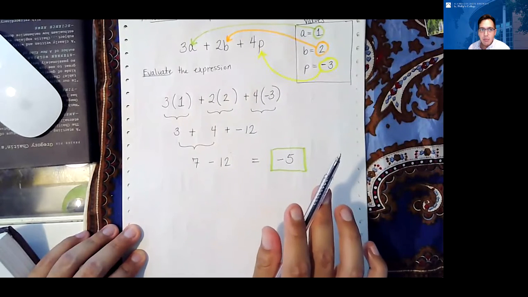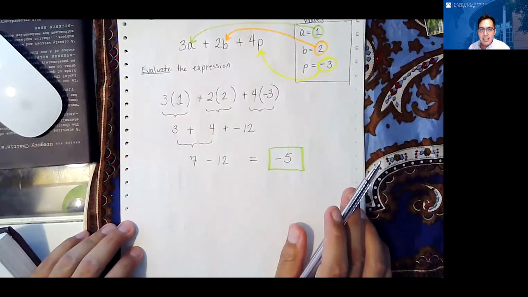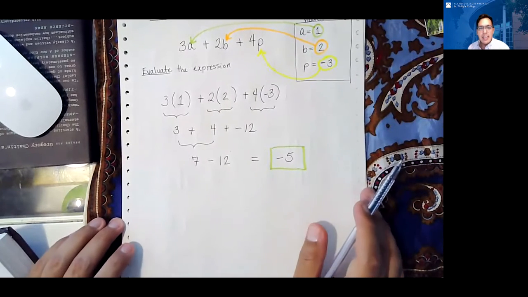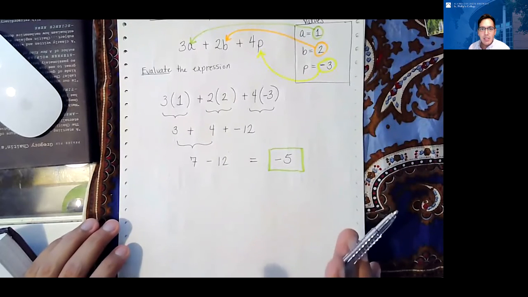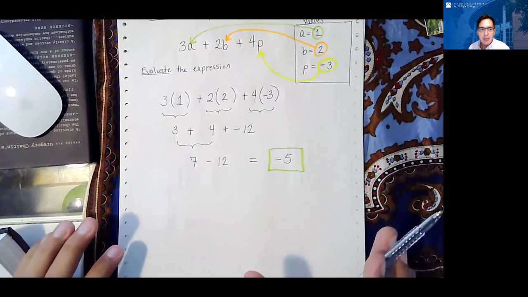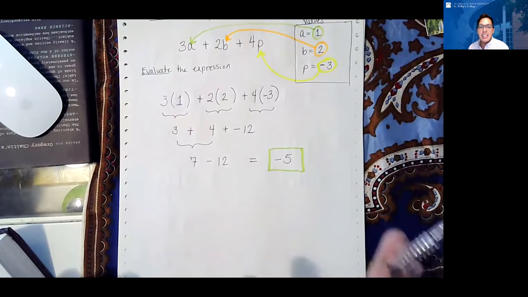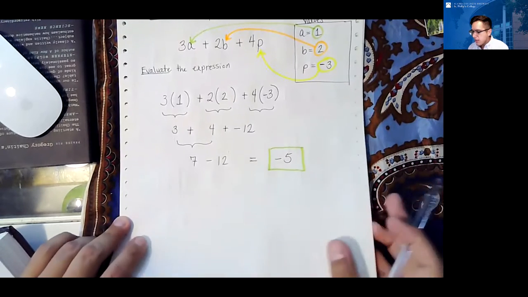You would have been on the same track unless you did something weird with adding a negative number. If adding a negative number seems a little bit trickier in your head, you should just convert it to subtract. Awesome. Thank you, Professor. You got it.